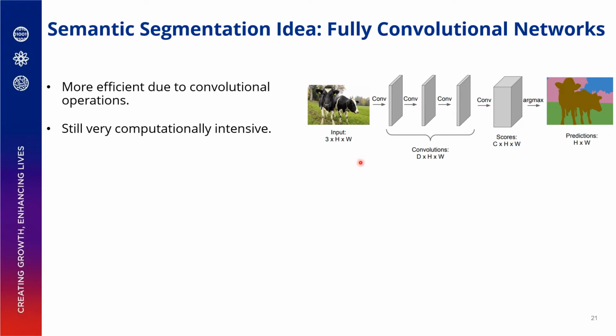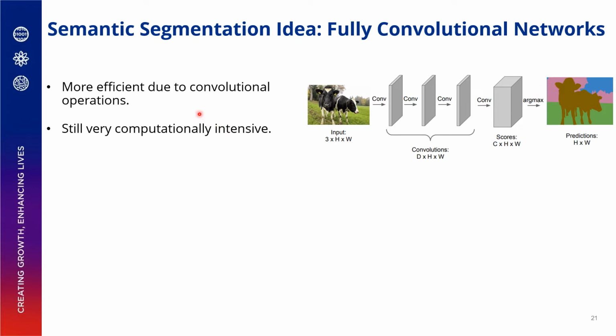Given a color image, 3 by H by W, where H times W is height times width and 3 is the number of color channels, you run convolutional layers with D filters, have multiple of these layers, and at the end you predict a binary image of the same size as the input image, with a label for each pixel for the number of classes you have.